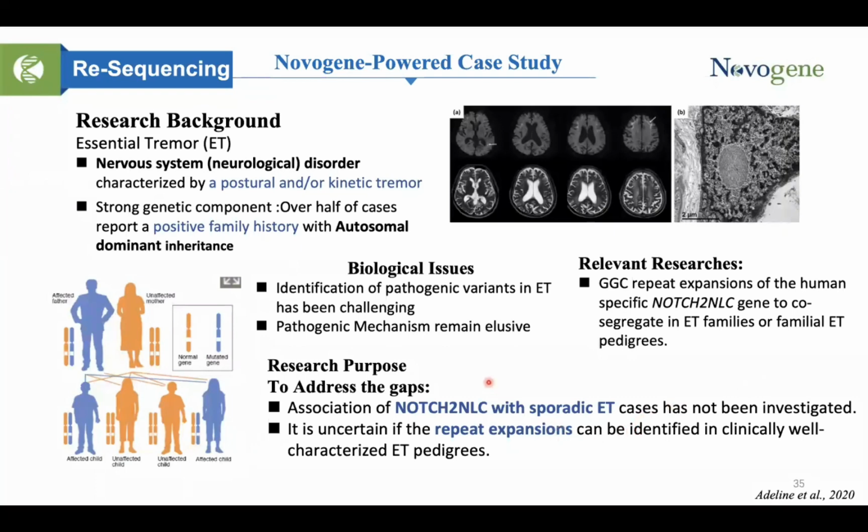In particular, the association of NOTCH2NLC with sporadic ET cases has not been investigated, and it is uncertain if the repeat expansion can be identified in clinically well-characterized ET pedigrees. Therefore, the research looks into the association of NOTCH2NLC with sporadic ET cases and the clinical characterization of the repeat expansions.